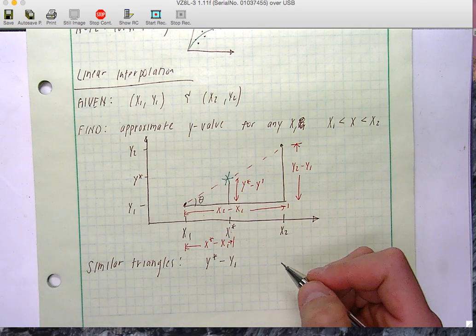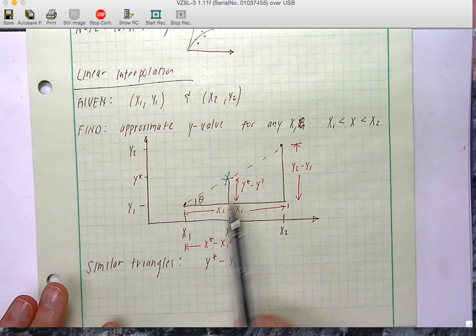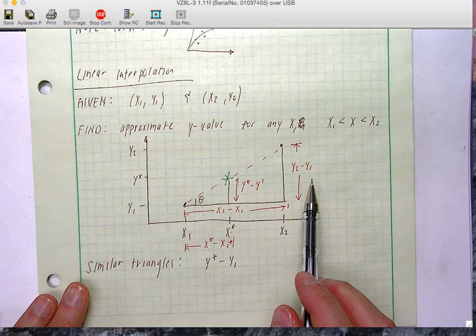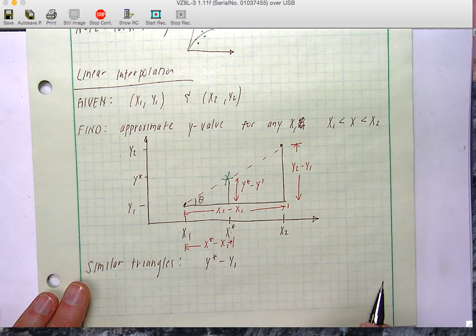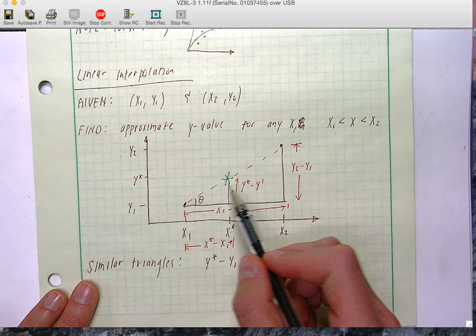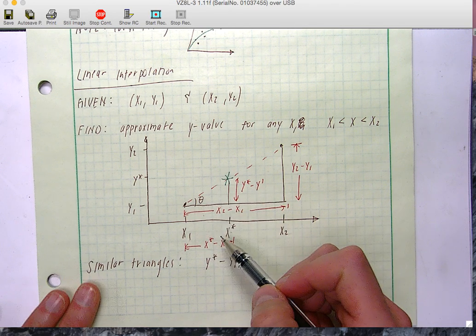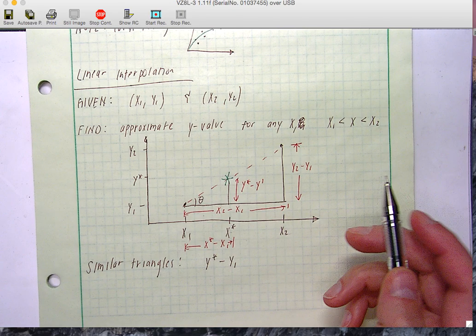One way you could think about it is if you do opposite over adjacent, which one is that with SOHCAHTOA? Opposite over adjacent. Yeah, tangent. So that means that opposite over adjacent of this one should equal opposite over adjacent of this one because they both equal tangent of the same angle, right?